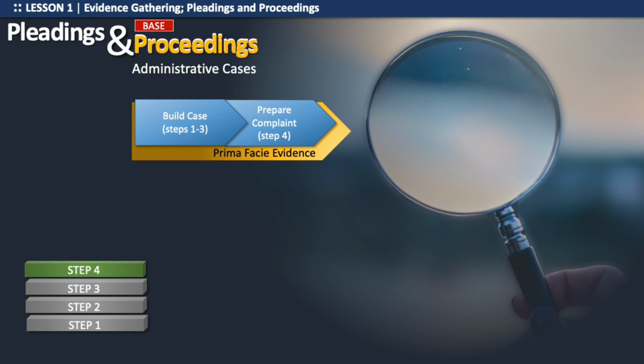Okay, that is the foundational. I used the phrase foundational. If you might recall in the last couple of topics, I referred to that as the foundation of the case to commence the administrative case. So the foundation to this administrative case is that you have ample evidence to get to this point where you're actually ready to proceed.